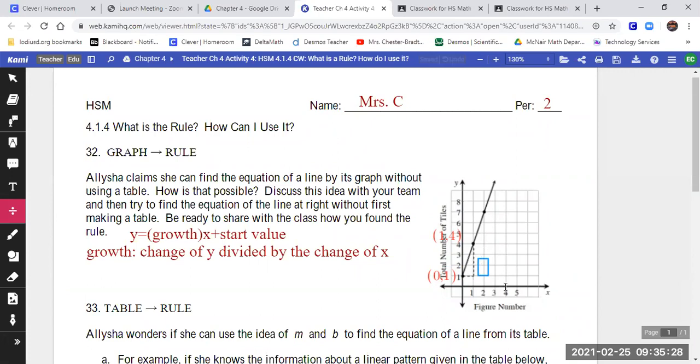How tall is that triangle? That'll tell us how much our change in y is.